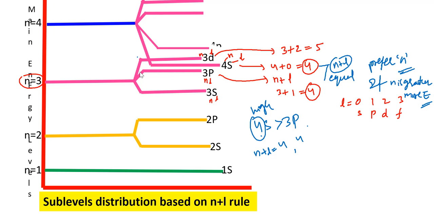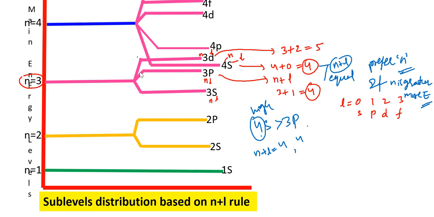Next, when n equal to 4, the subshells are 4s, 4p, 4d, 4f. Again, the 5s will come in between 4p and 4d. You can do the calculation here.